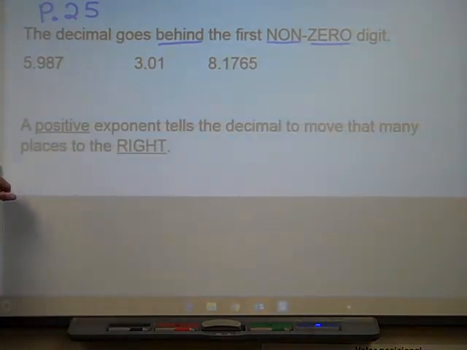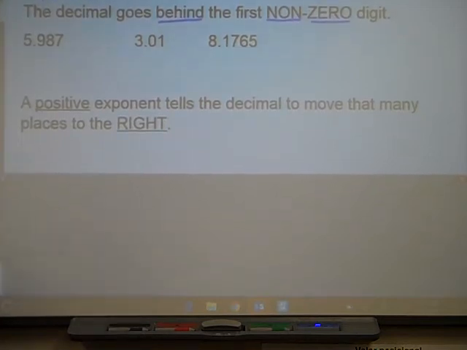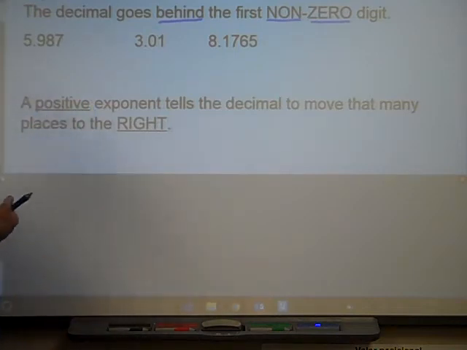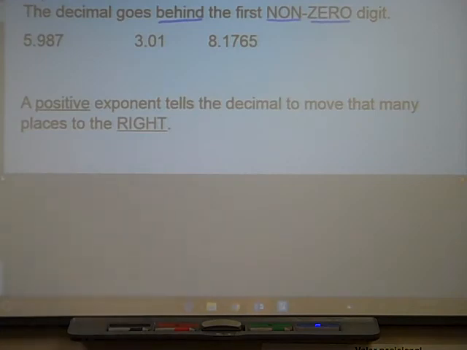All right. The next part, a positive exponent. Positive exponent. Please make sure you underline positive, or you could highlight it also. But a positive exponent tells the decimal to move that many places to the right. Okay?